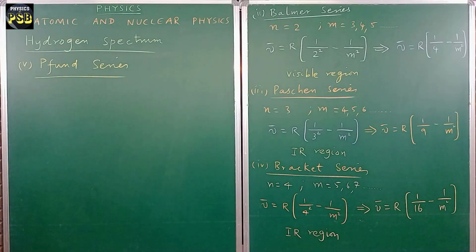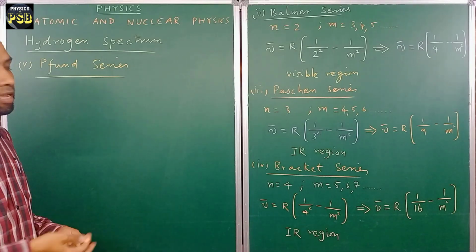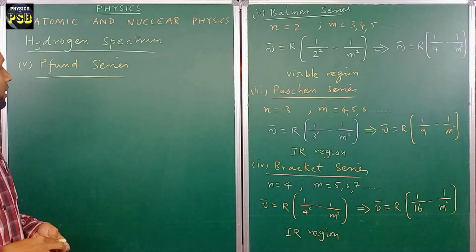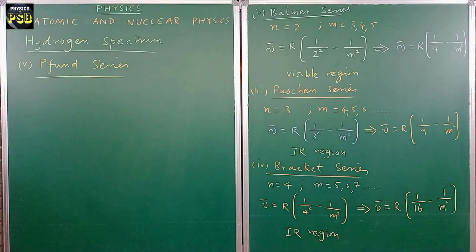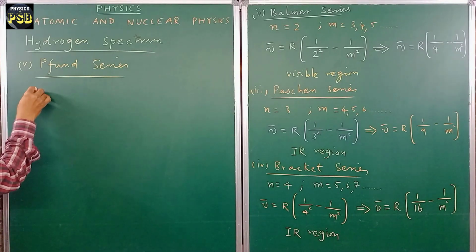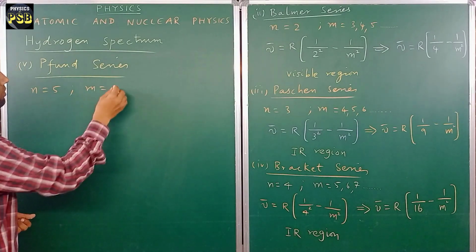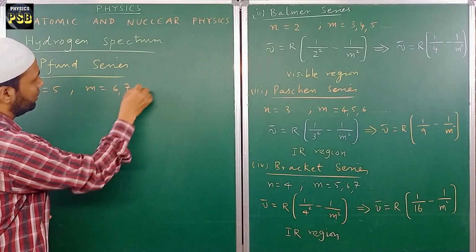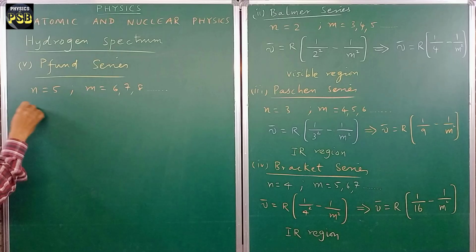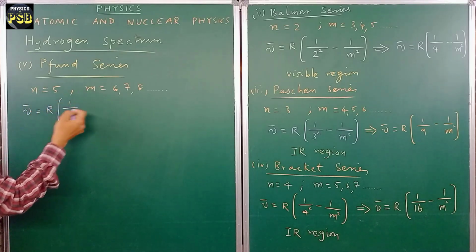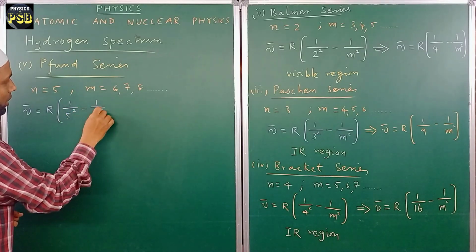When electrons from outer energy levels jump to the fifth energy level, then we obtain the Pfund series. Here n is taken as 5 and m is the next numbers, which are nothing but 6, 7, 8 and so on. And the expression for wave number is written as R multiplied with 1 upon 5 squared minus 1 upon m square.